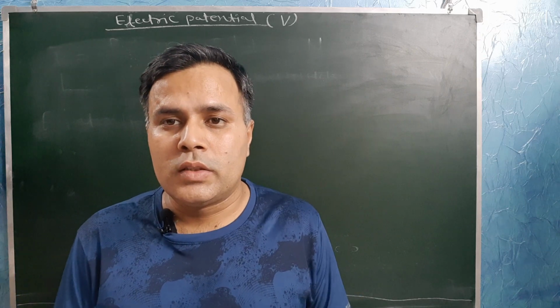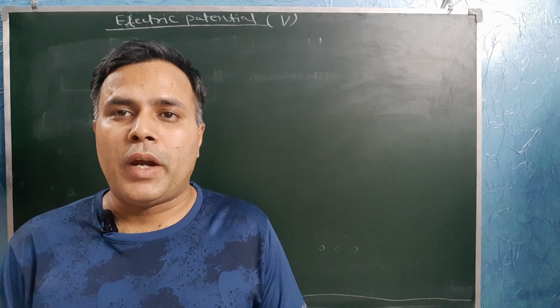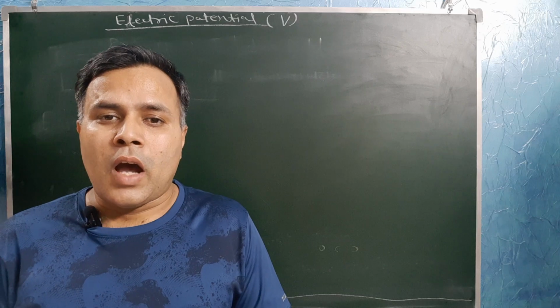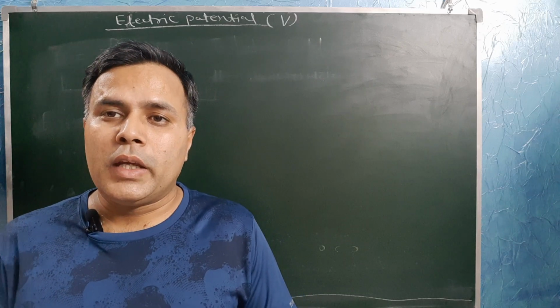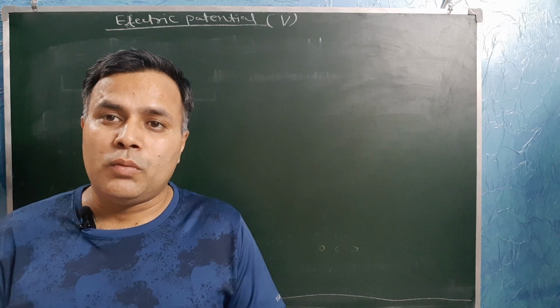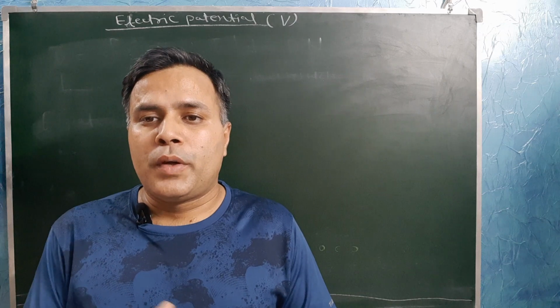So the first question is, what is electric potential? Electric potential at any point is simply the work done by the force in bringing the unit charge, which is the test charge, from infinity to a reference point.